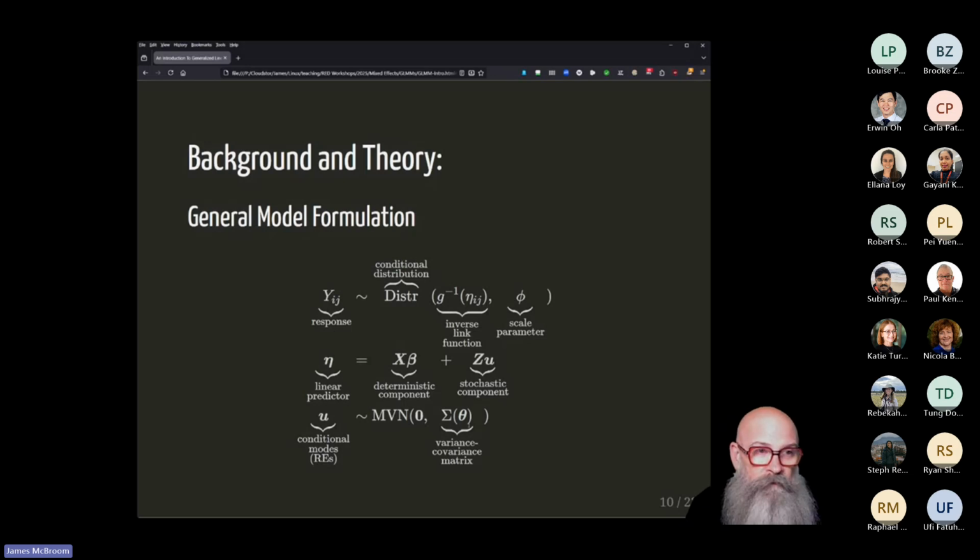And probably now's not the time to mention this, but I'll mention it anyway. The method of choice in these models for estimation, which is known as maximum likelihood estimation, struggles traditionally with giving you decent estimates for variances.